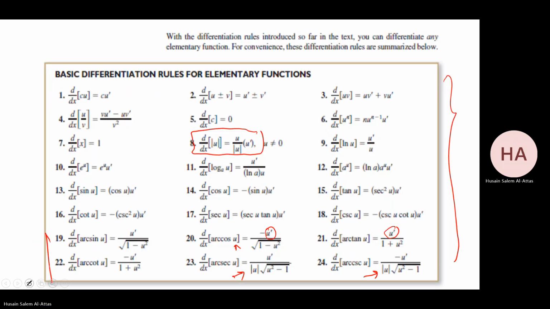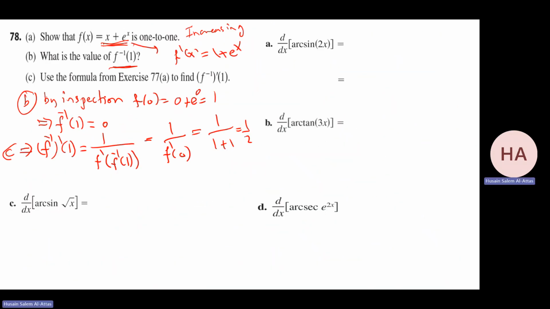Now we'll do examples to apply these formulas. The derivative of arc sine of u is what? 1 over square root of 1 minus u squared, times the derivative of u. And that will be, the derivative of root x is 1 over 2 root x, all over the square root of 1 minus x.